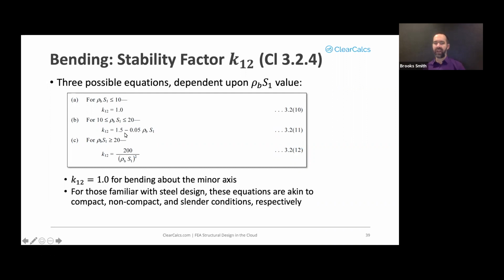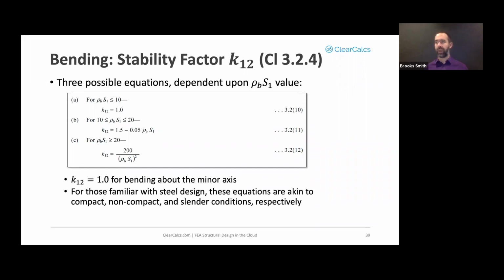If it's between 10 and 20, then you use the second equation. If it's greater than 20, then you use the third equation. If you have bending about the minor axis, which would effectively give you a product of 0, then K12 is equal to 1.0. So any bending about the minor axis, K12 is 1.